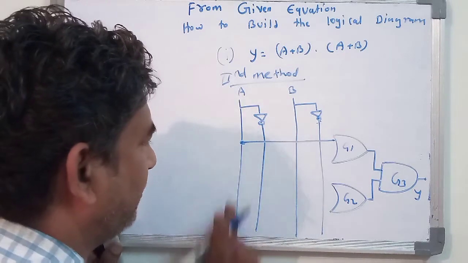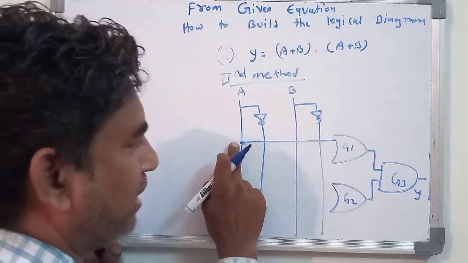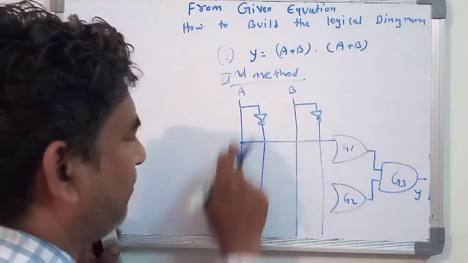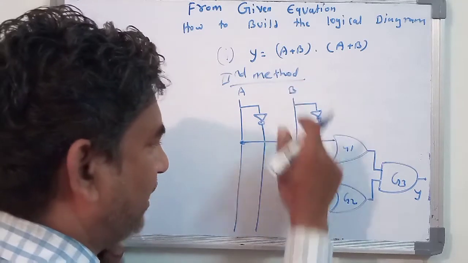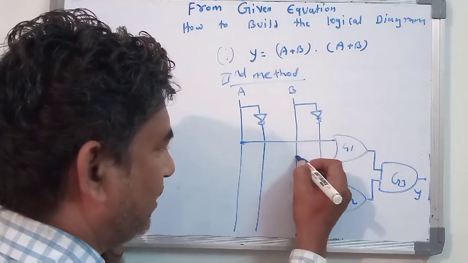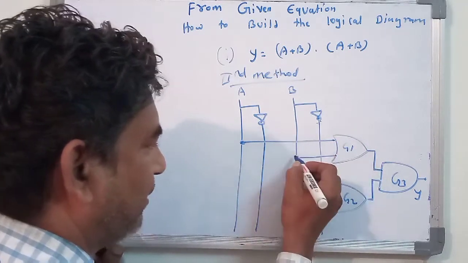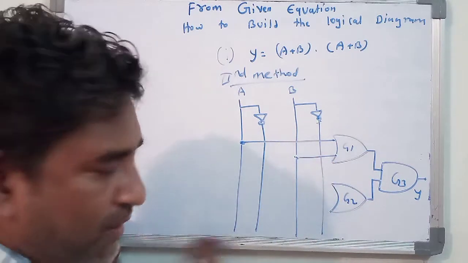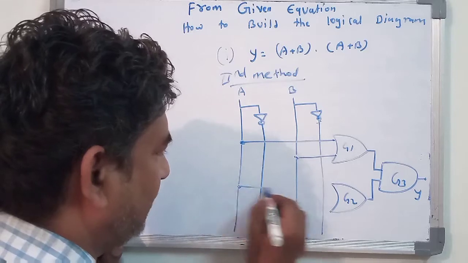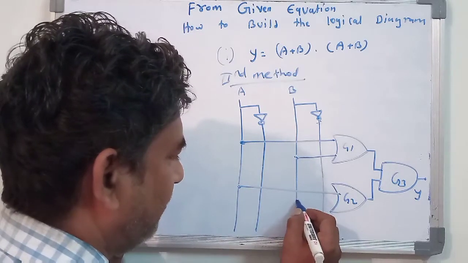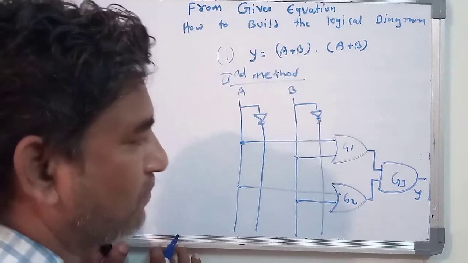Wherever there is a dot connected, it is assumed that the input is connected to that particular line, and that's why this input is A. The second line, that is B, the dot is connected to the B. For the second gate, again the A terminal and the B terminal are connected like this.